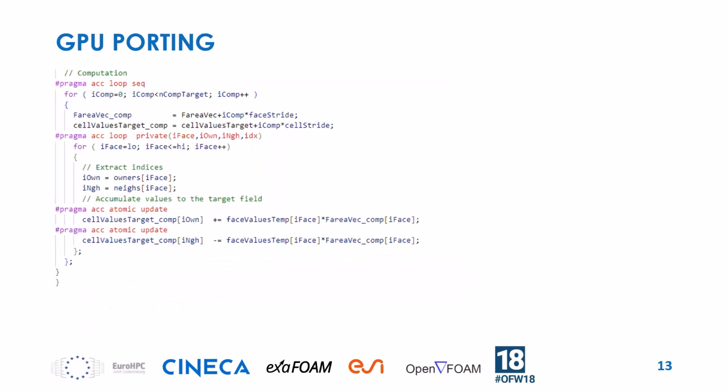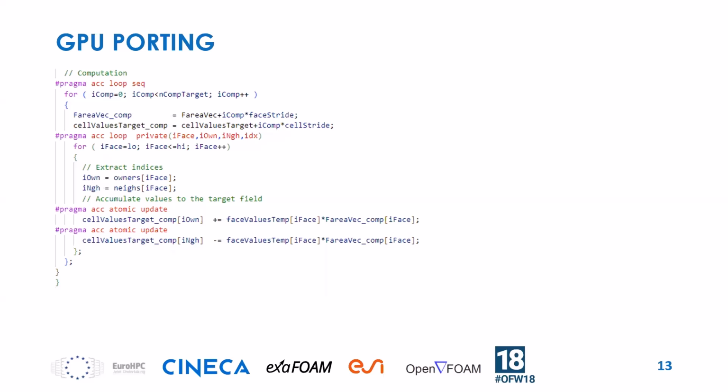This other part is a bit more complicated for one reason. Basically, we are still sending each face to different threads of the GPU, but there is a possibility that two faces at the same time may try to write their contribution to the same cell. This is called a race condition. It's something that we don't want to happen because it can create unpredictable behavior.